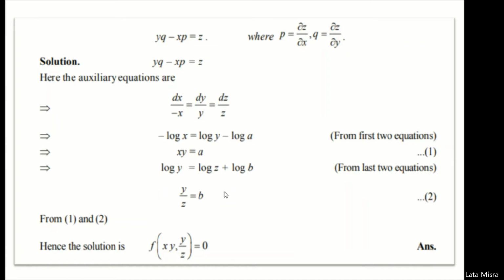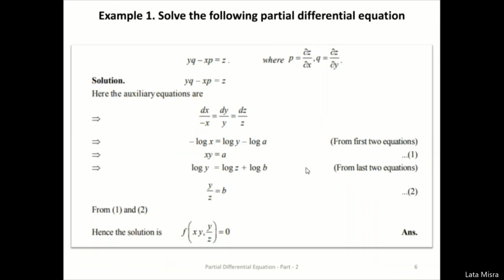So here we have two solutions, xy = a and y/z = b. So by the combined solution of the partial differential equation we write the function f(xy, y/z) = 0. So this is the solution of the linear partial differential equation by the method of Lagrange's partial differential equation.